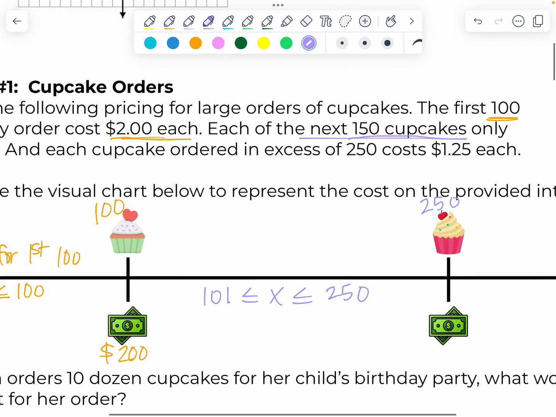So here we're going to do $1.75 each. And if we do $1.75 for 150 cupcakes, that's going to be $262.50.